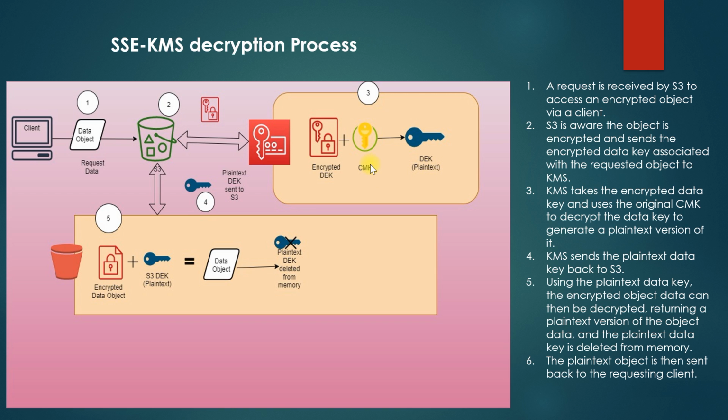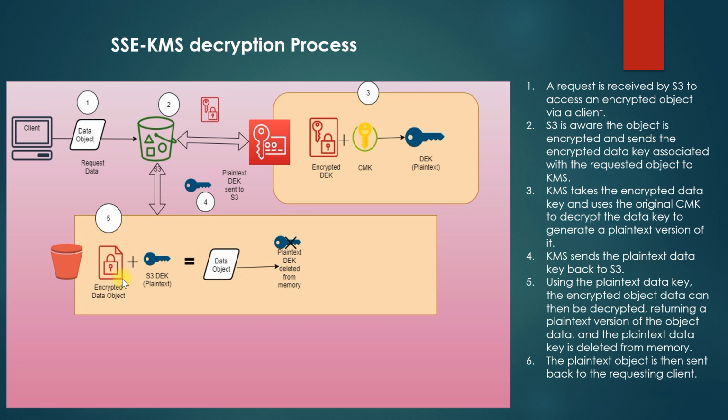We basically use the CMK to decrypt the encrypted data encryption key so as to get the plain text version of the data encryption key. And this plain text data encryption key will then be sent to S3 again.